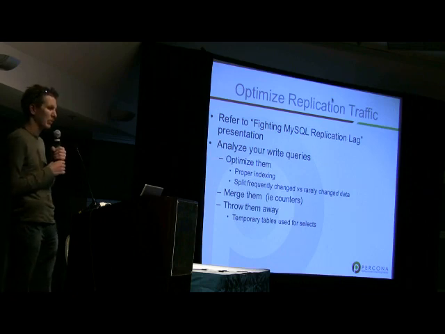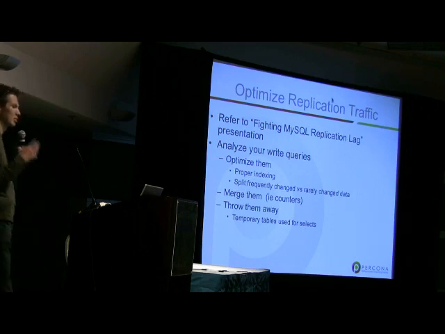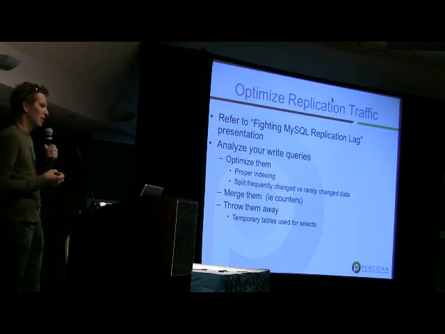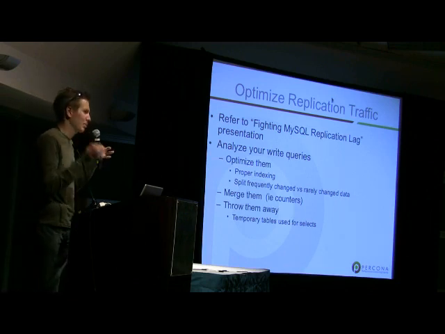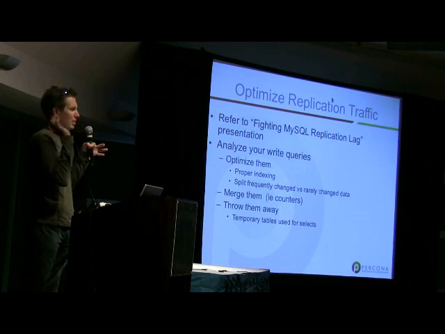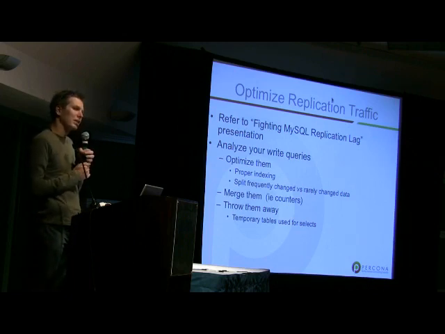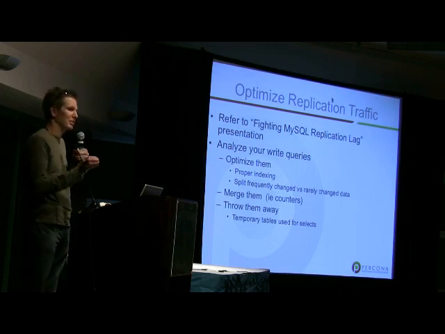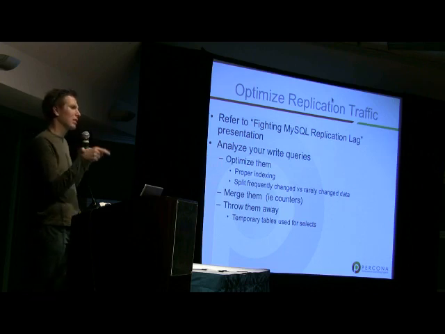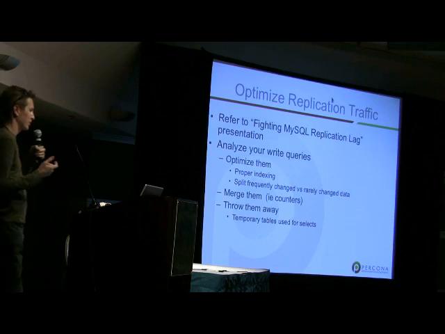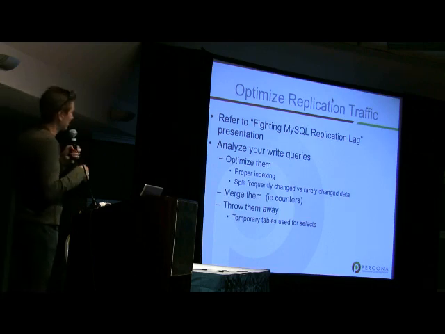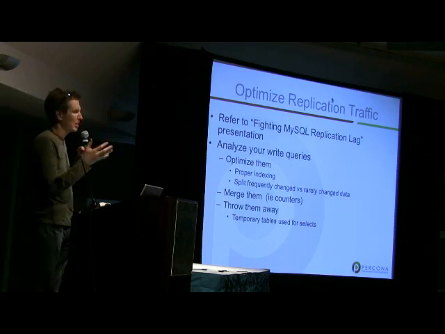Some of the helpful things are using proper indexes, or if you have wide tables, like some people have a user table with 200 fields, it's very often helpful to split that into frequently modified data and the rest, because this will make updates a lot faster.